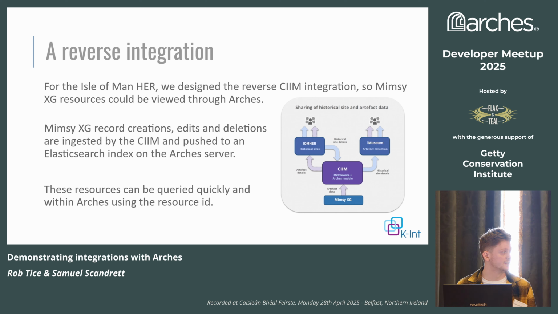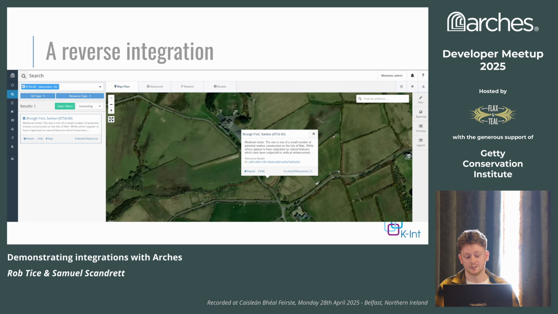But to see this data in Arches, we created a new Elasticsearch index for all this data to be stored on, and then using Arches and the associated Arches ID, which exists in the Mimsy records because there are some stub records that exist because these are the Arches ones, we can use it to query very quickly, and this allows the data to be seen in Arches.